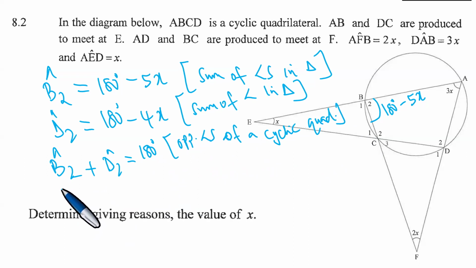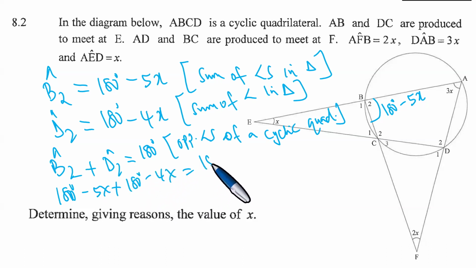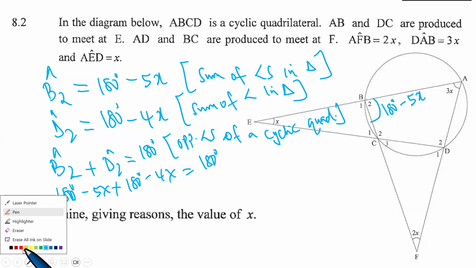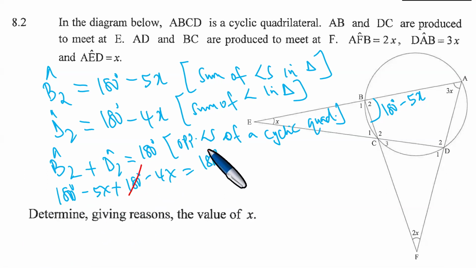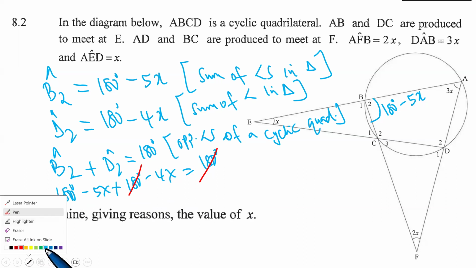So now you have B2. What is B2 here, for example? It's 180 degrees minus 5x. The D2 is 180 degrees minus 4x, and the result is 180 degrees. 180 and 180 degrees cancel out.